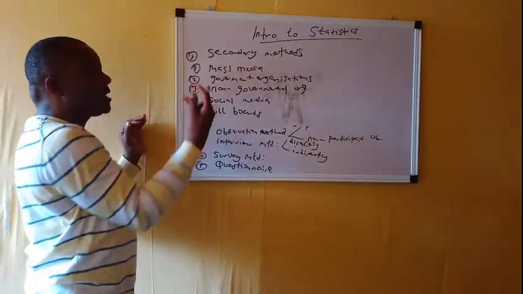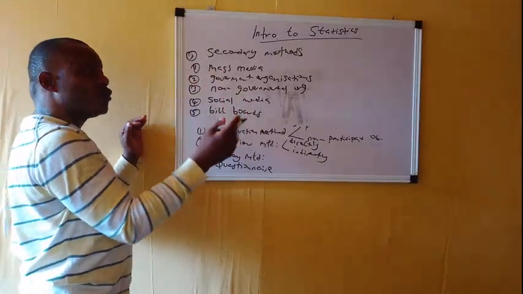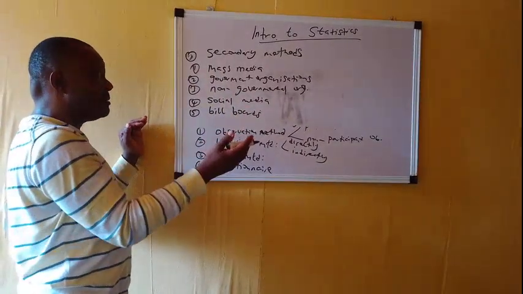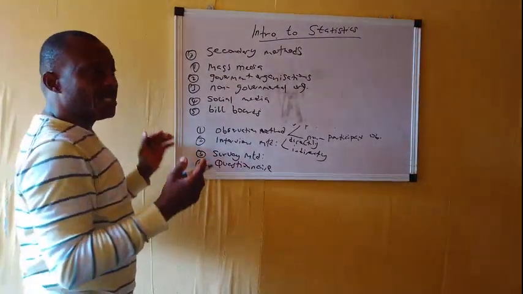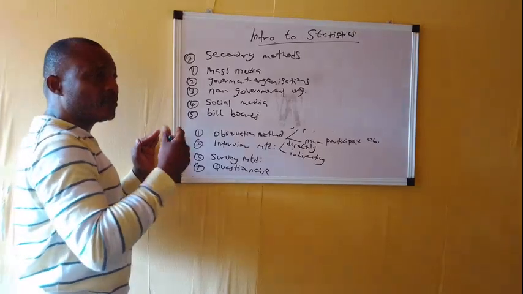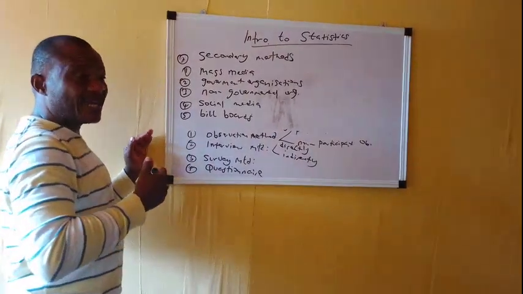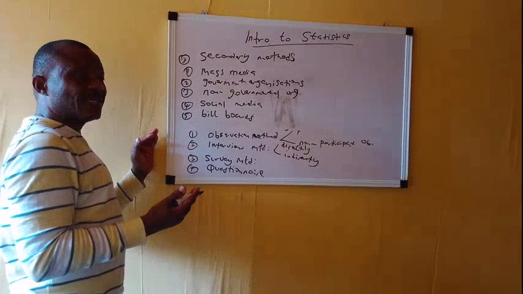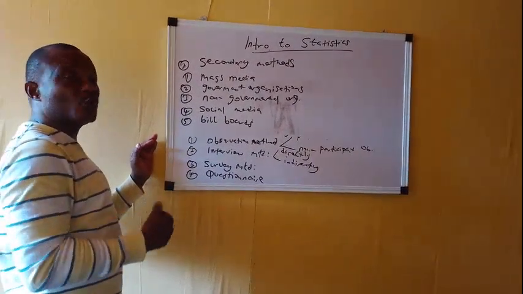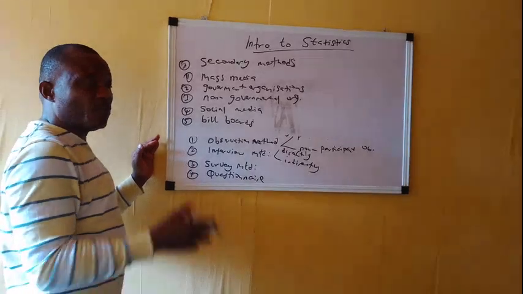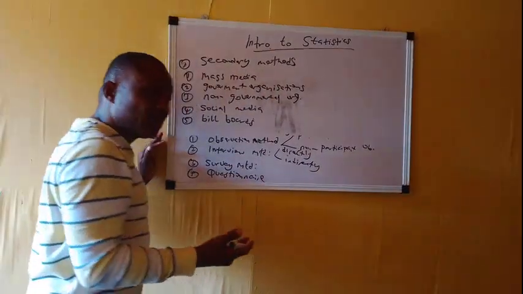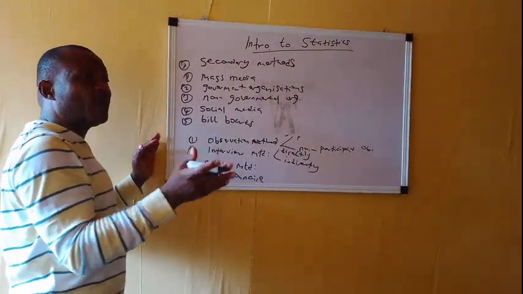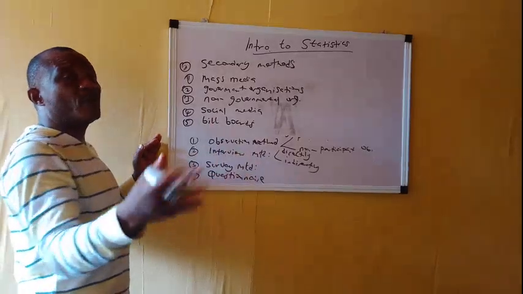Mass media, of course, data you get from mass media, people collected them and kept them there. From government organizations like the Ministry of Education or the Federal Road Safety, somebody trying to study the causes of accidents and provide solutions within a particular location can get data from the Road Safety on the number of accidents that have happened within a particular period of time.